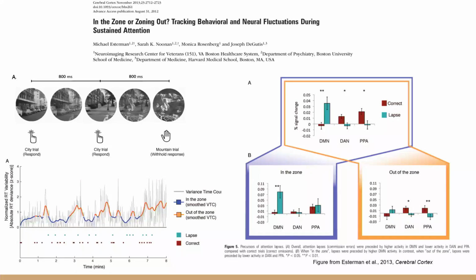So using a variant on a classical sustained attention paradigm, Michael Esterman and colleagues were able to discriminate between optimal, what they call in the zone periods, and suboptimal performance, what they call out of the zone. It's a gradual, continuous performance task during which the stimuli are continuously transitioning from one to another.